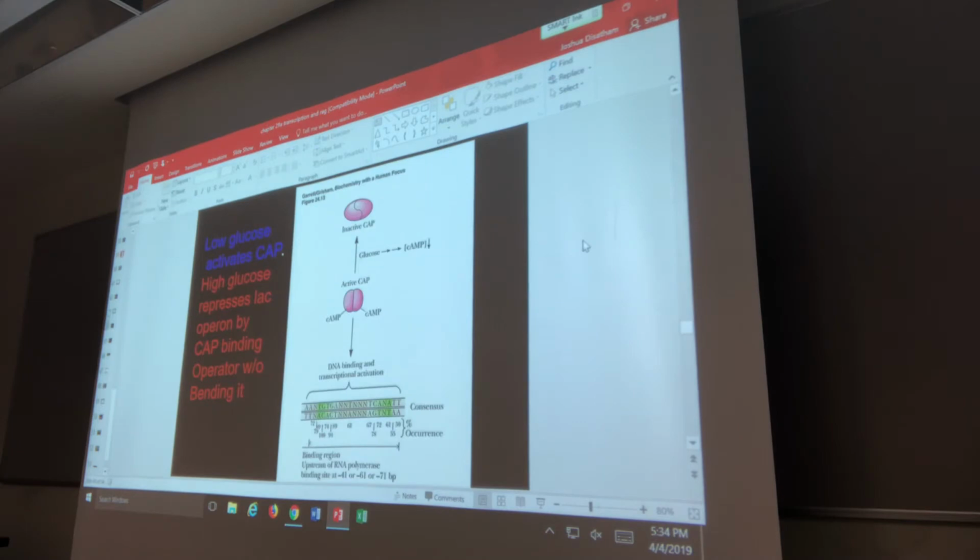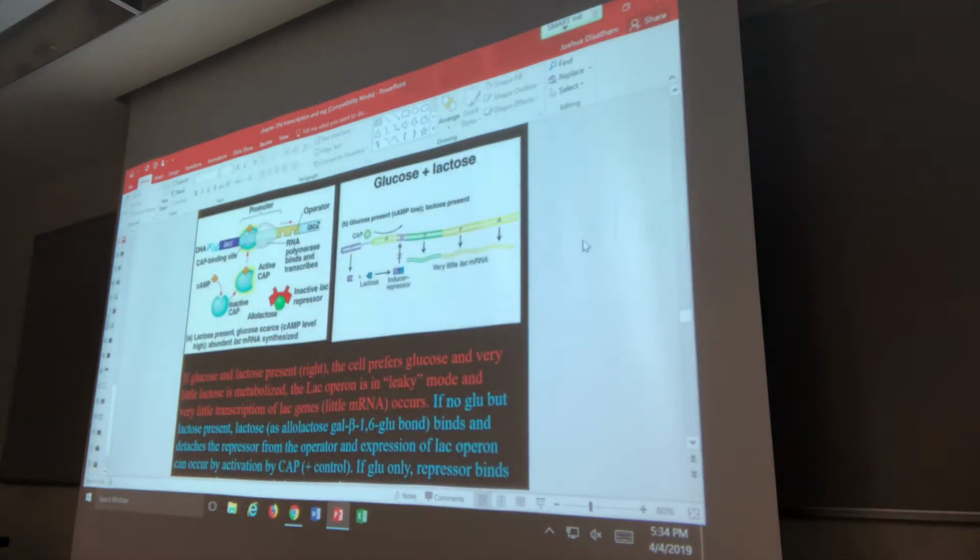Not going to go over it in detail, but we talked about how the Lac Operon is potentially one of the extra credit questions you could have. You have to talk about the purpose of the Lac Operon, how it is regulated, both the negative part and the positive part, and what happens if there's lots of glucose or not a lot of glucose, lots of lactose or not a lot of lactose.